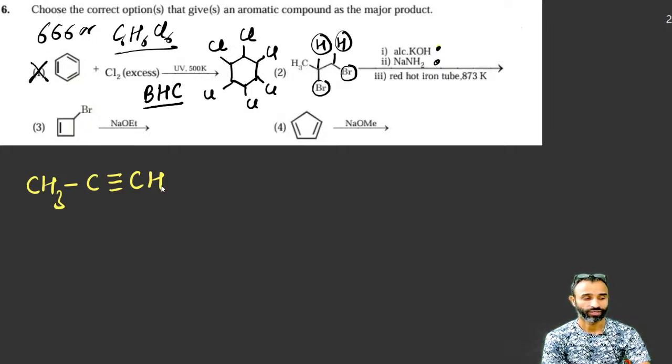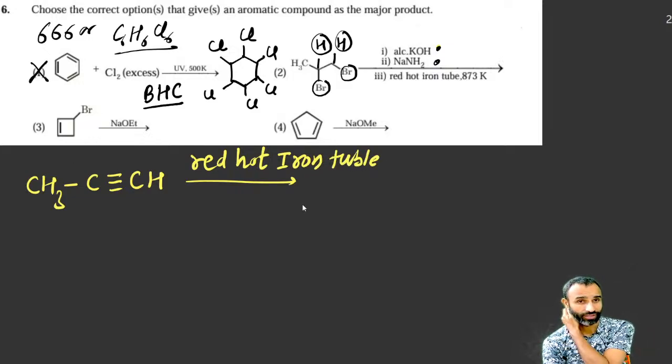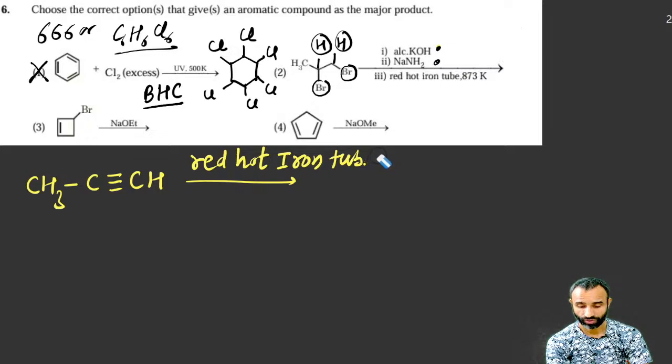Yes. Now, after getting this propyne, there is a red hot iron tube. This reaction is also given in NCERT. Yes, 3 moles of these molecules at 873 Kelvin.